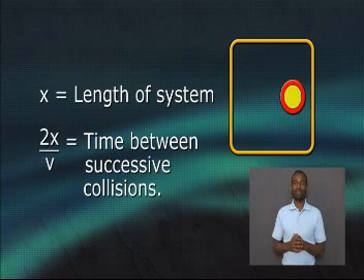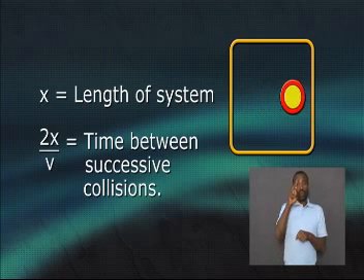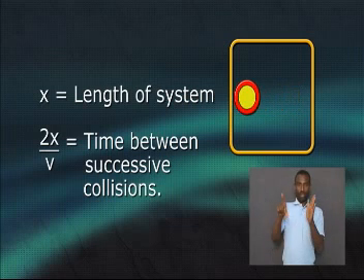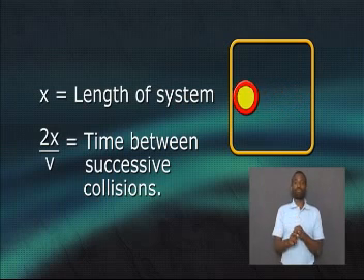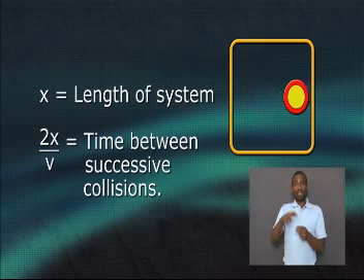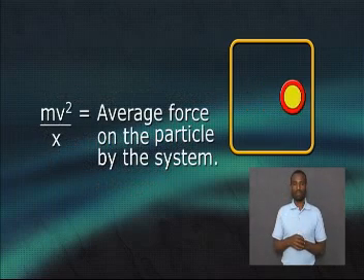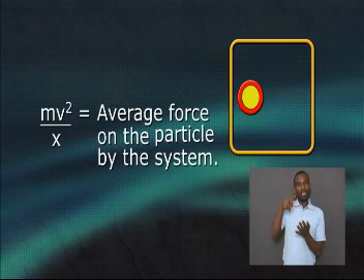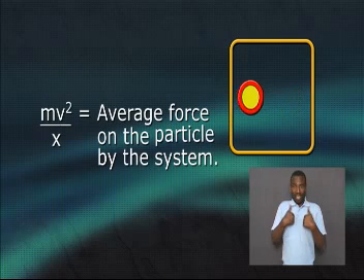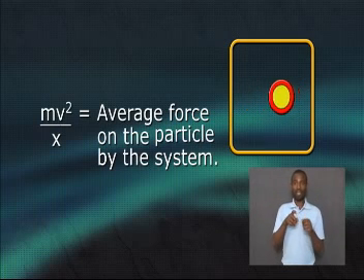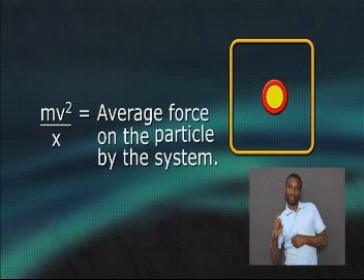So in each time interval of 2x over v, the wall will cause a change in momentum of 2 times mass multiplied by velocity. From this, we can conclude that the average force on the particle by the wall is mass times velocity squared divided by the length of the box.